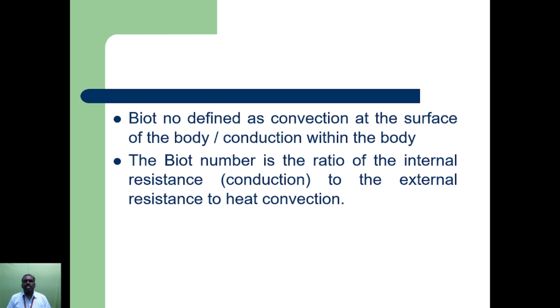Biot number is the ratio of internal resistance to external resistance of heat convection. That is, heat transfer due to convection divided by heat transfer due to conduction. That is called the Biot number. That's all.